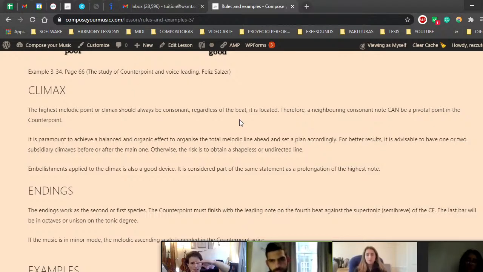So let's say the first climax, the first highest note, is G, then you have A, and then the proper climax is B. Or G, A, C, so you jump, that's a surprise. But then, that's why he says subsidiary climaxes before or after, then you have B. You have G, A, C, and then you put the B in the distance.